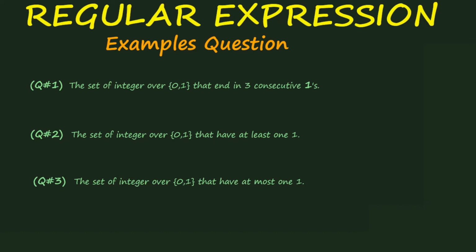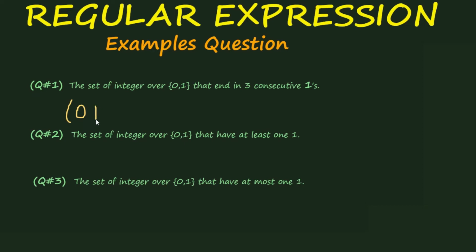Here are some example questions. Question number 1. The set of integers over 0 1 that end in 3 consecutive 1s. Let's solve it. Ending in 3 consecutive 1s means 0 or 1 comes before 3 consecutive 1s many times.